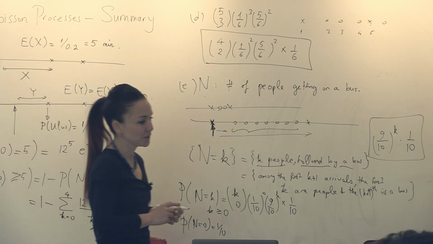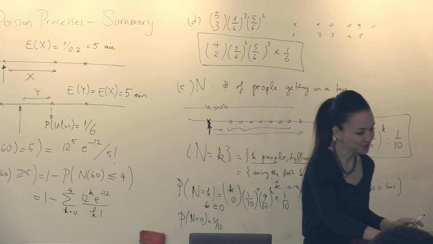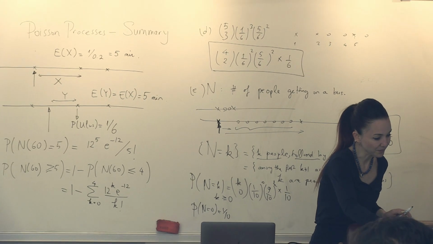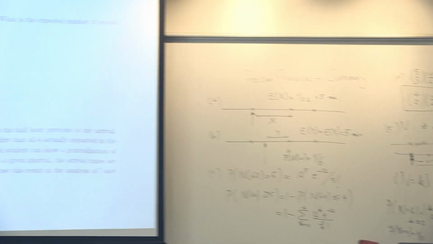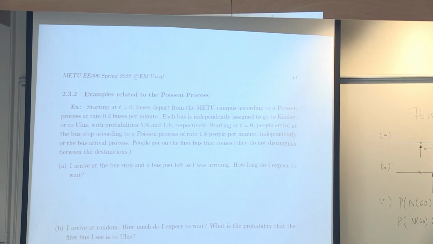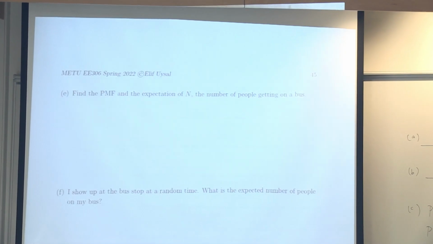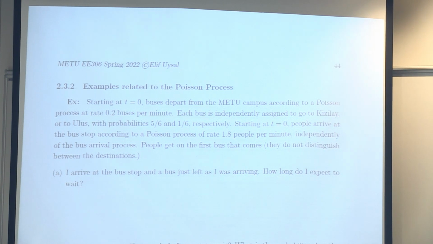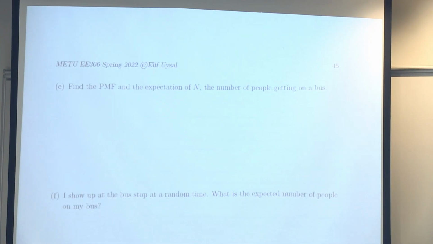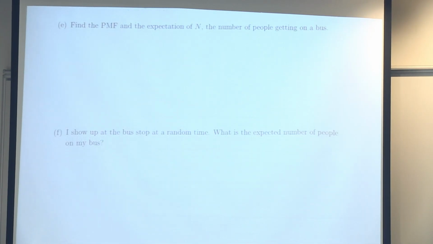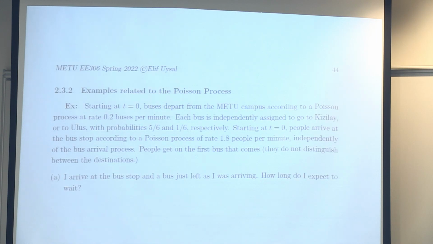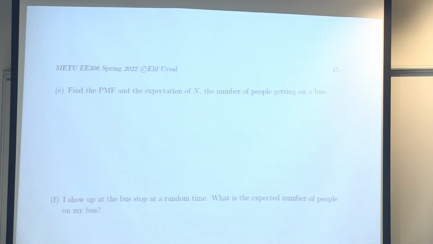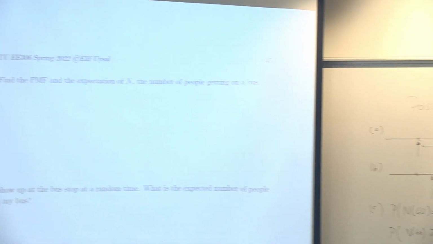All right, so now the question is, did we find the expectation? We should compute the expectation. Clearly, it is going to be, let's see. Wait. What is the expectation here?